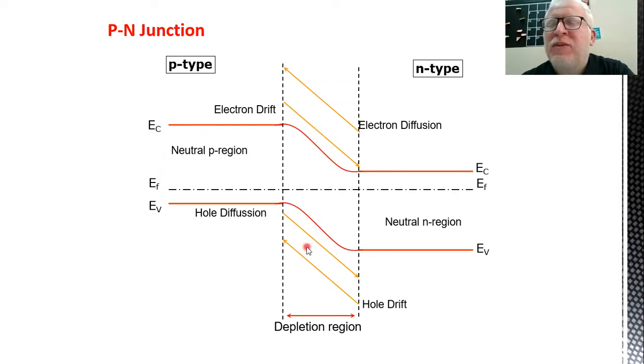The depletion region, by definition, is the region where no free carriers exist, because any electron in this drift area will automatically drift to the right, and any hole in this drift area will automatically drift to the left. That's why in this region we don't have any free carriers.